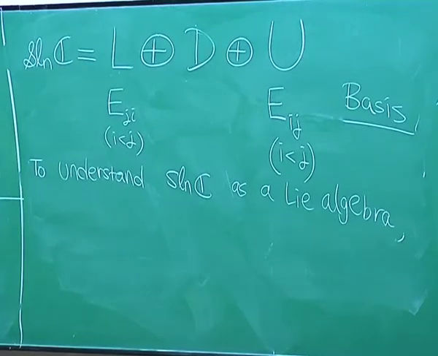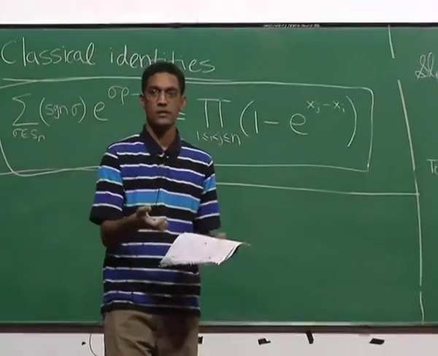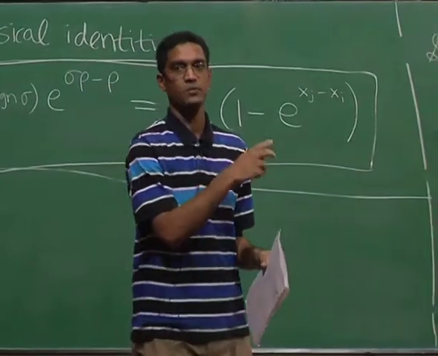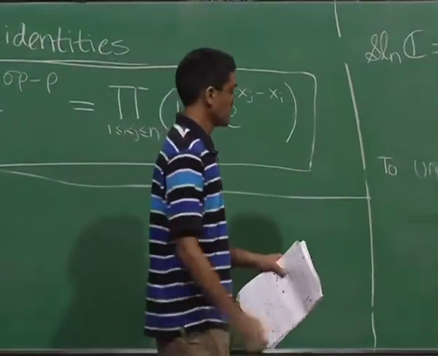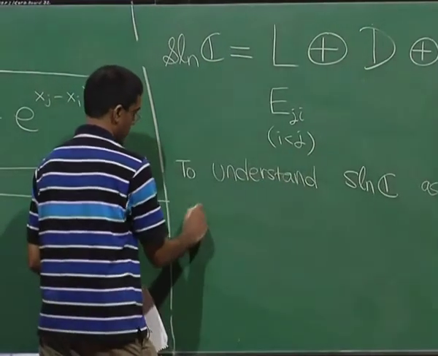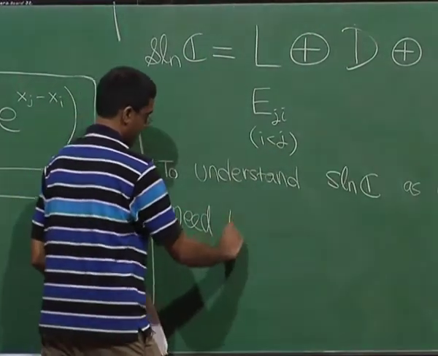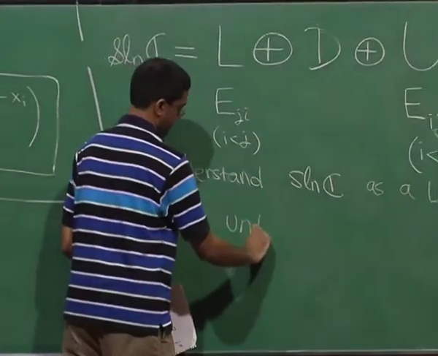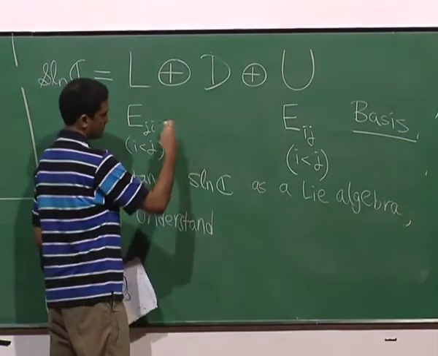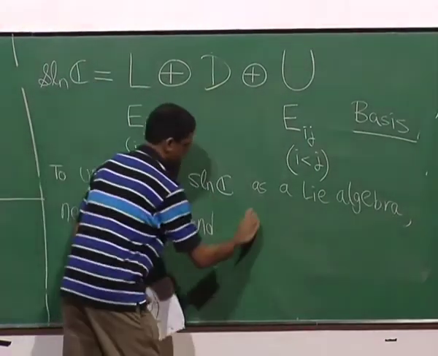So you can pick a basis for SLN, and then if you understand what the bracket is for every pair of elements in the basis, then that tells you what the bracket of every other pair of elements in the Lie algebra is. So it's kind of enough to understand brackets between basis elements. So in order to understand SLNC as a Lie algebra, one needs to understand brackets between bases, or I could also say it this way.